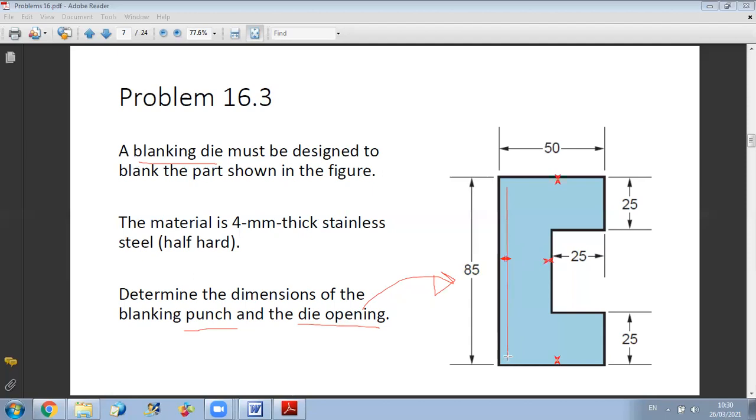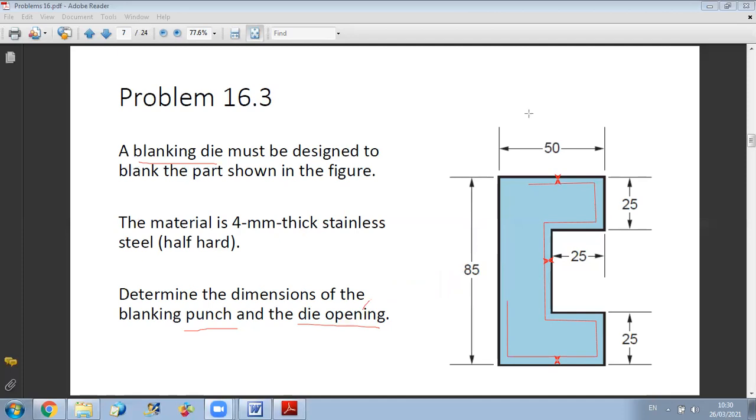So I will always be away from the sides with a certain value equal to the clearance. So I will do like a shift, and this shift is equal to the clearance value. And the red line which I am drawing represents the lines of the punch.